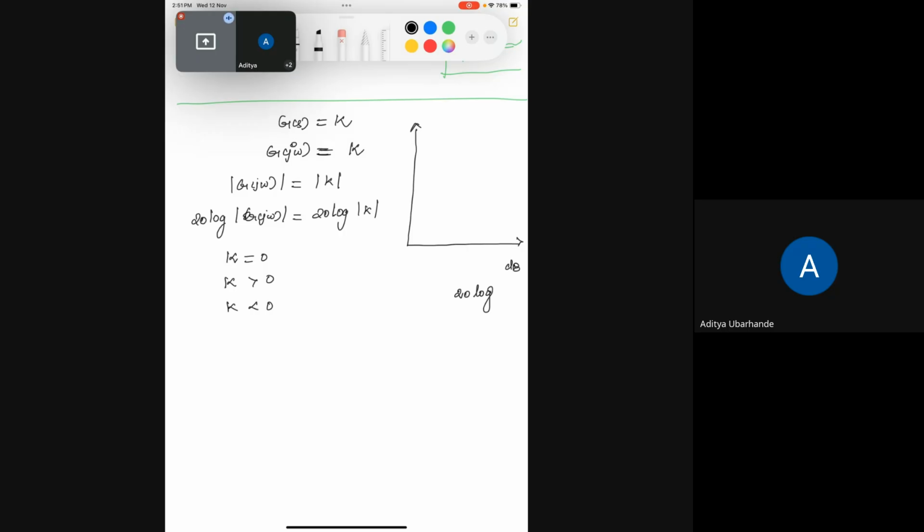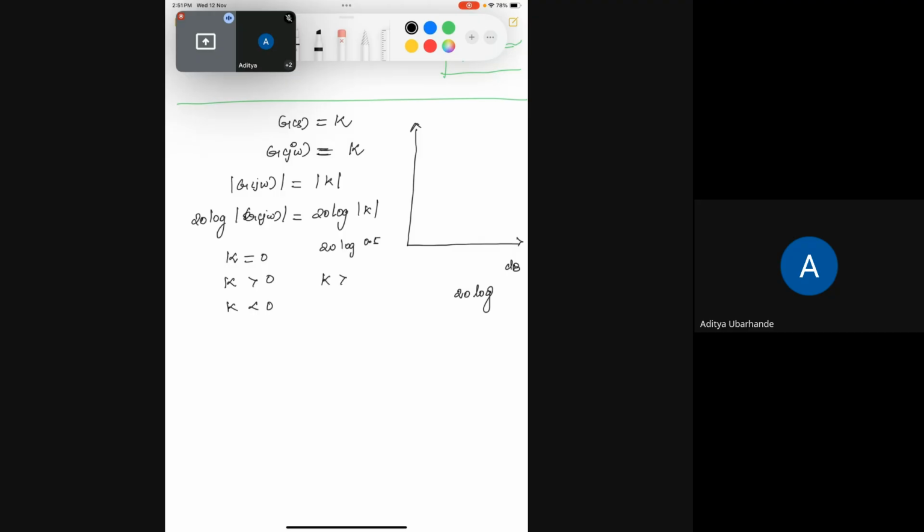It won't always be positive, right? Put K equal to 0.5, 20 log of 0.5. Calculate and tell me. Yeah, minus 6. So it will be positive only above some value, and that value is 1.